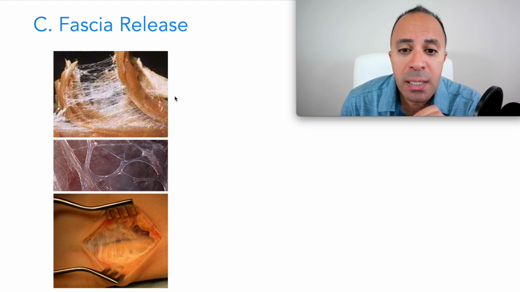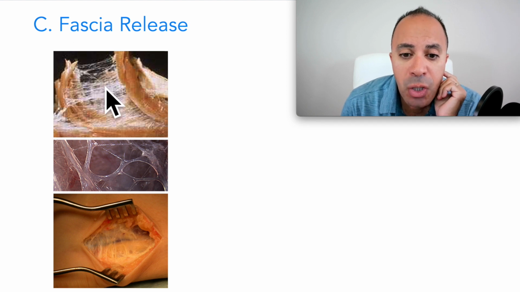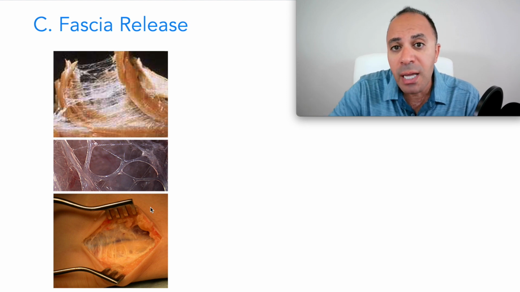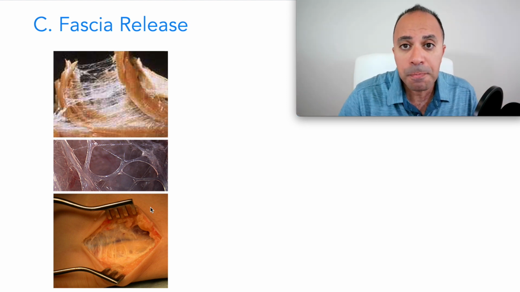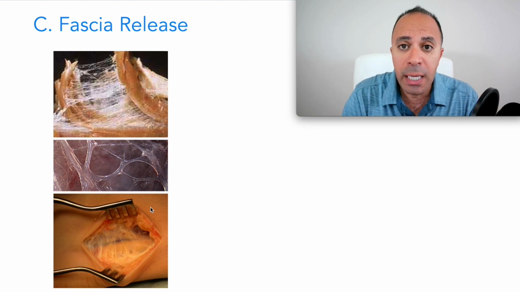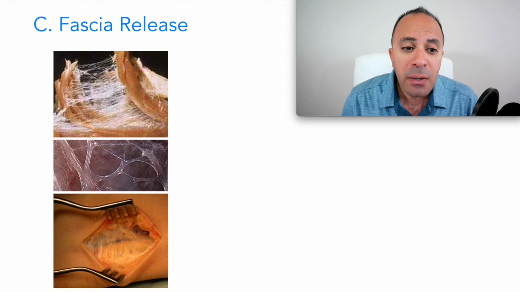So the fascia system, as you see here, is a white, web-like tissue. The superficial fascia layer is wrapped surrounding the entire body. It's a very thin layer wrapping the entire body. That's the superficial layer, but we have several other layers.